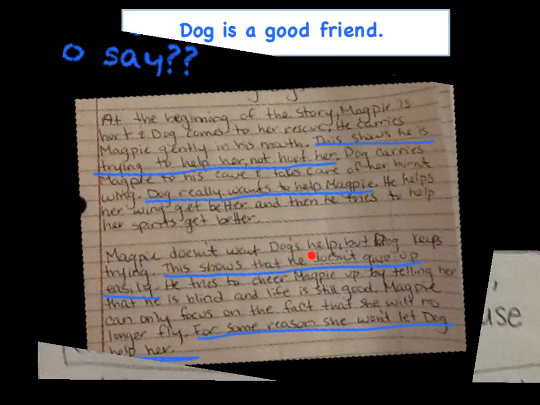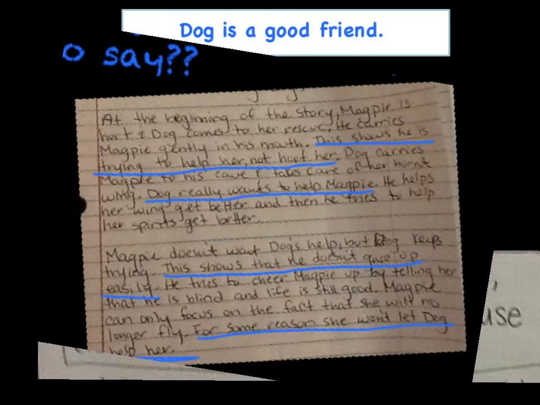Magpie doesn't want Dog's help, but Dog keeps trying. This shows that he doesn't give up easily. He tries to cheer Magpie up by telling her that he is blind and life is still good. Magpie can only focus on the fact that she will no longer fly. For some reason, she won't let Dog help her.